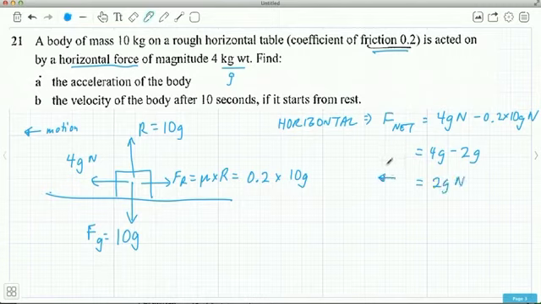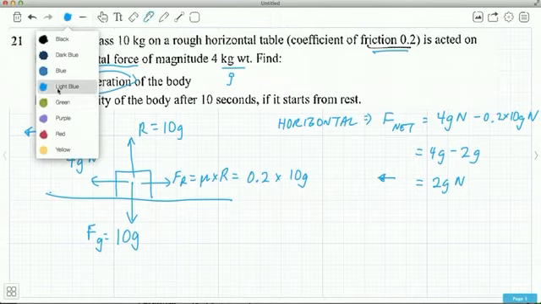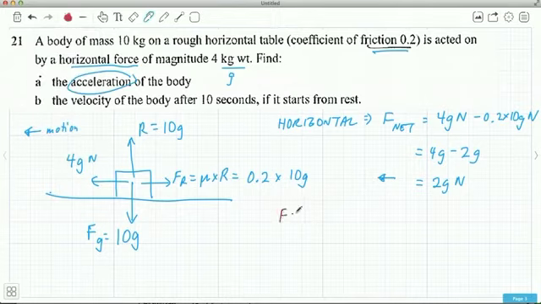That's your net force. We're being asked to find the acceleration. So as soon as I see acceleration, I think F equals ma, where F is the net force. 2g. Mass, it's 10, but not 10g. Whenever you see mass, it's just the actual mass, not the weight. This is the weight. The mass is 10 kilos.